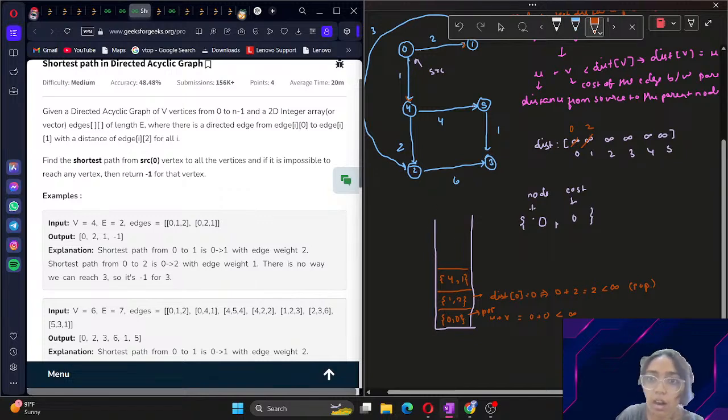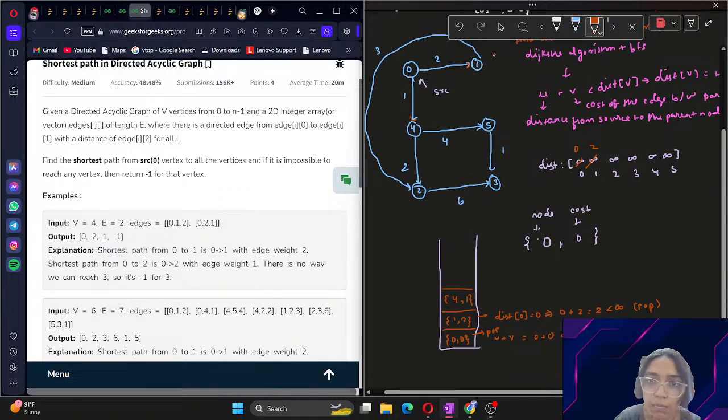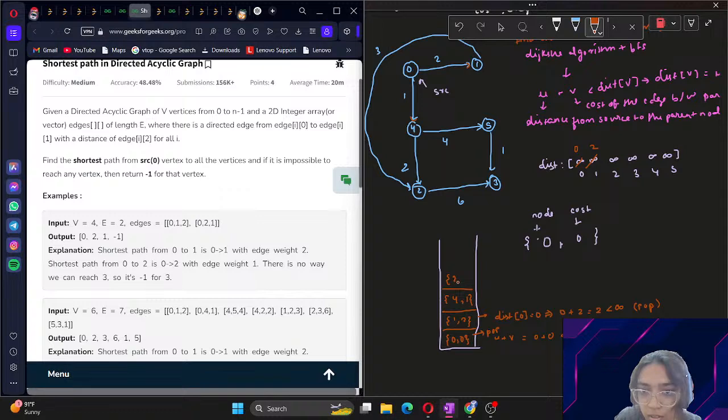While popping out the 1, we are gonna push its neighboring edge, which is 2 comma 3. Right. Now here, distance of the parent node, which is 0, is gonna be 0.